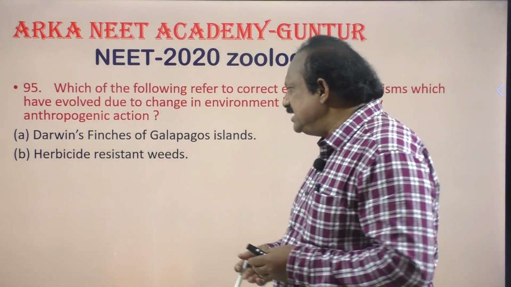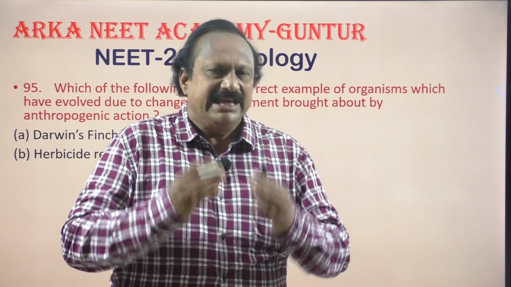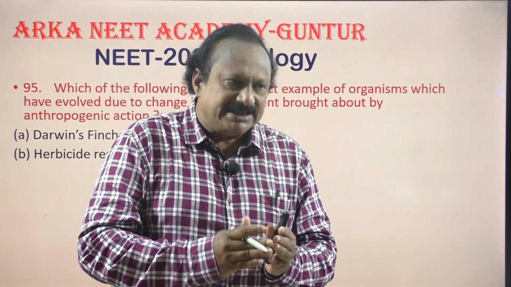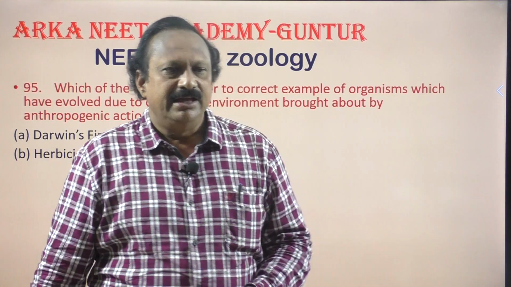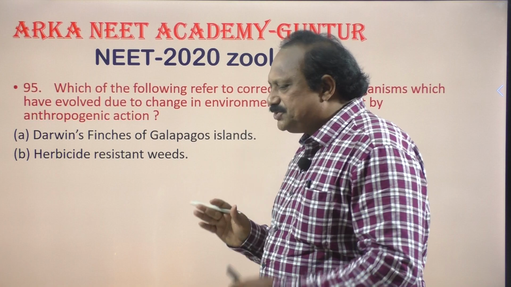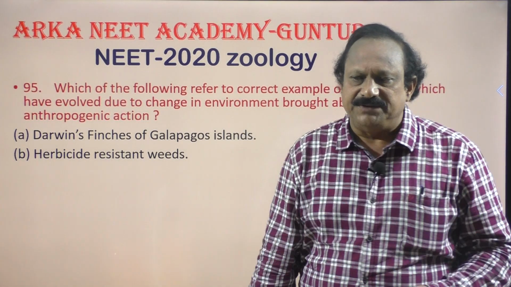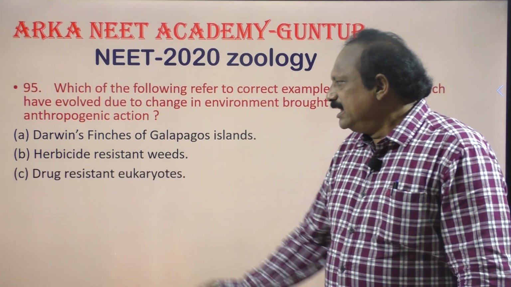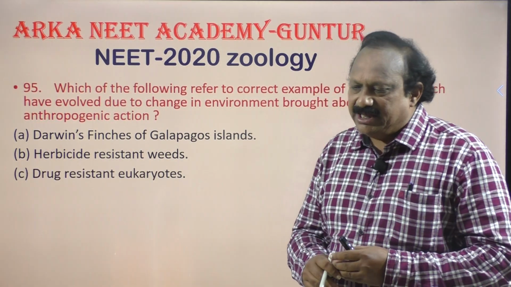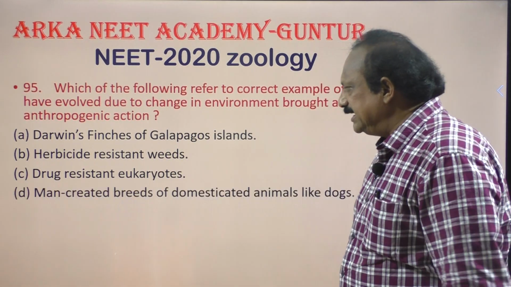Herbicide resistant weeds. There are some weeds which can resist the chemicals. They are called weeds resistant to the herbicides. The origin of these weeds is because of human activity. Next, drugs resistant to the eukaryotes. This is also due to human activity.